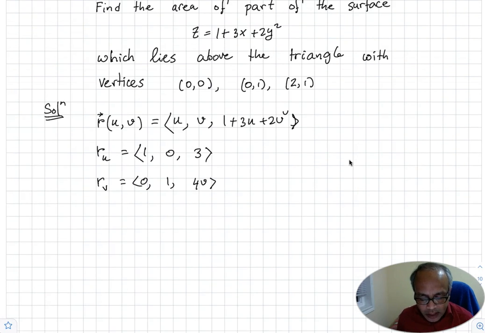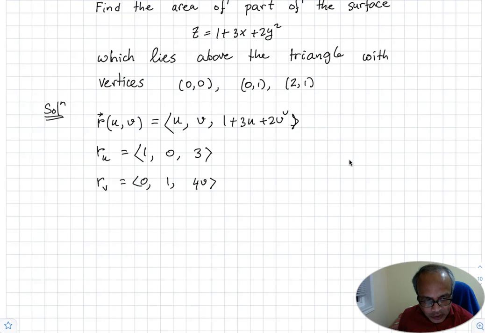Now, what is the interpretation of the derivatives of r with respect to u and v? r sub u is a tangent to the surface in the u direction. r sub v is a tangent to the surface in the v direction. That's very nice.